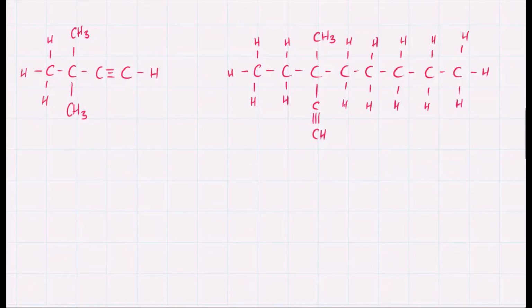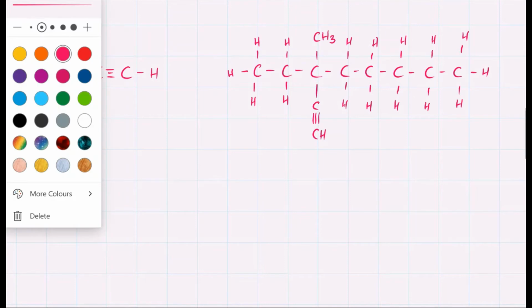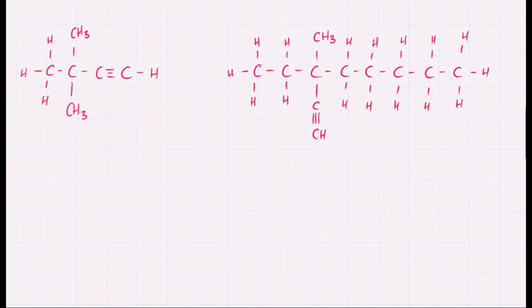Hi, we are going to go through and name these alkynes. So the first one here has 1, 2, 3, 4 carbons, so you know it's going to be a but. That triple bond is on the end of the chain, so we know it's just going to be a butyne. You don't need to put a number there because it's at the end.